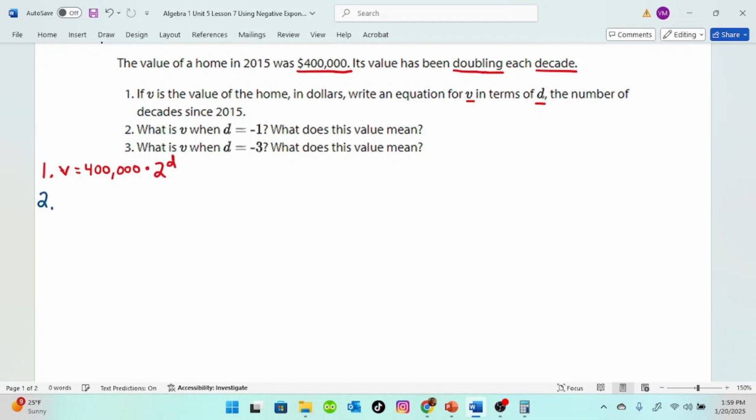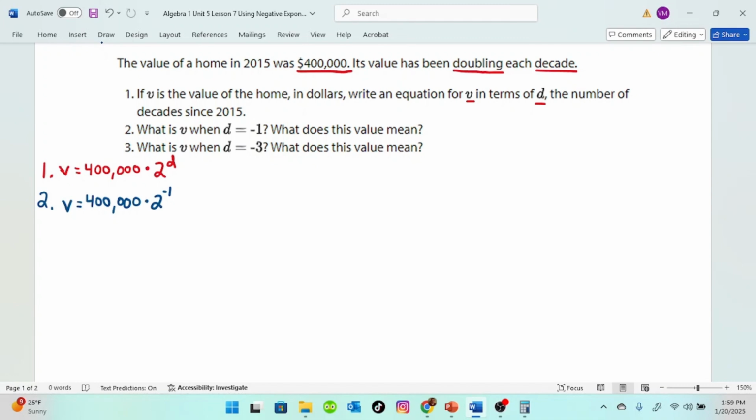Number 2. What is V when D equals -1? What does this value mean? So we would have V equals 400,000 times 2 to the power of -1.